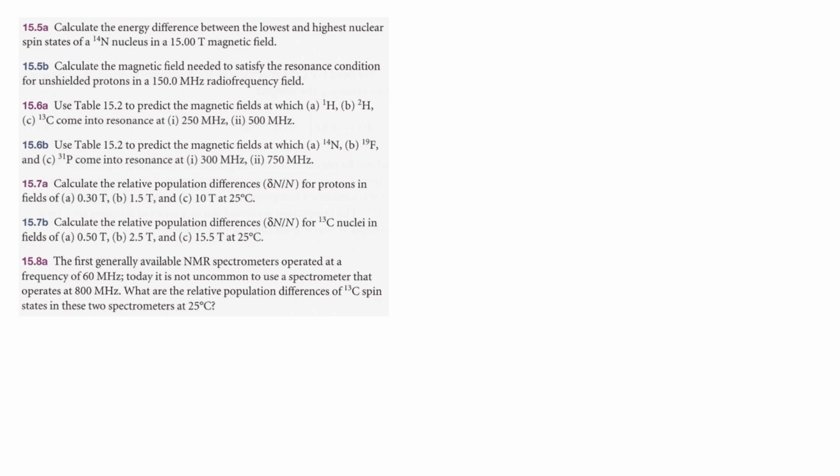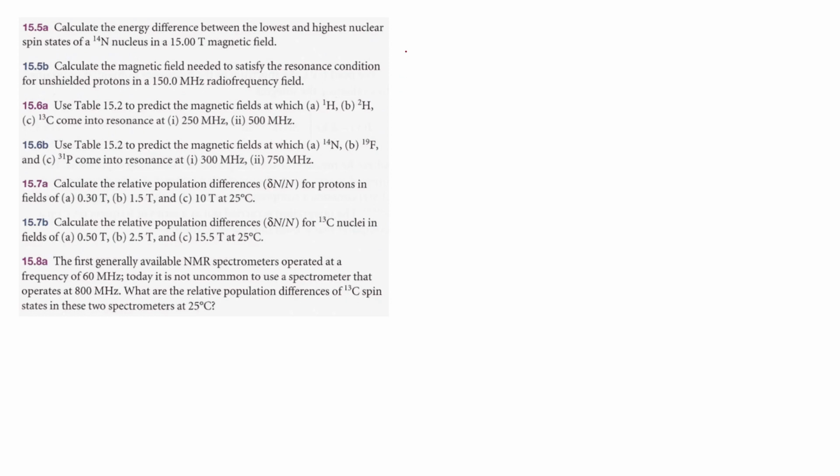Let us do that. We need to calculate the energy difference between the lowest and the highest nuclear spin state of a 14N nucleus in a 15 Tesla magnetic field. That's not a big deal, right?